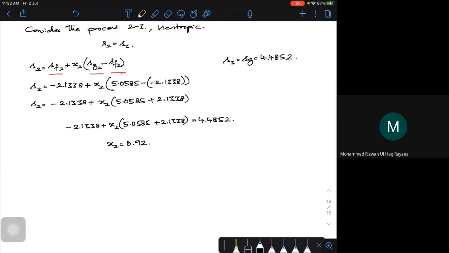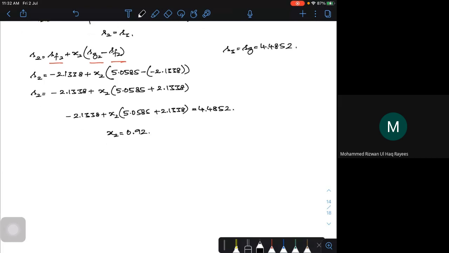Now, once I know the value of the dryness fraction of the refrigerant, I can find the corresponding enthalpy. Okay, enthalpy at 2, that is H2 is equal to HF2 plus X2 into (Hg2 minus HF2).